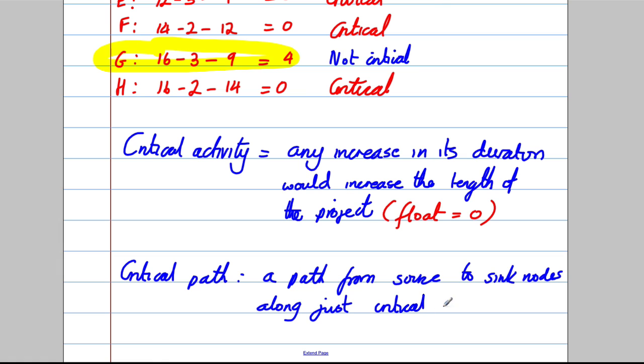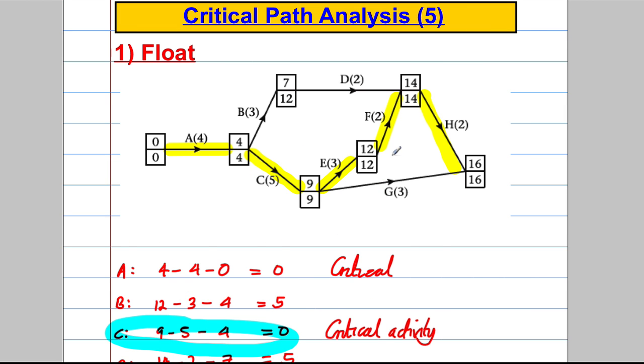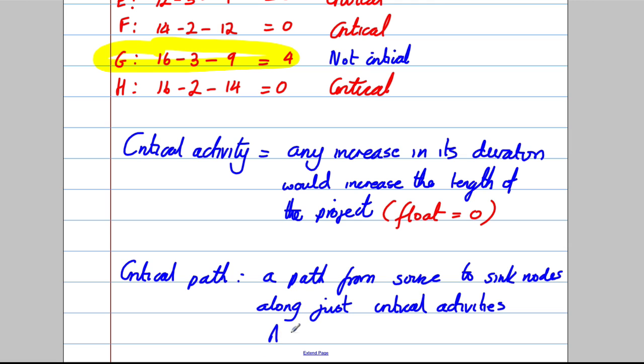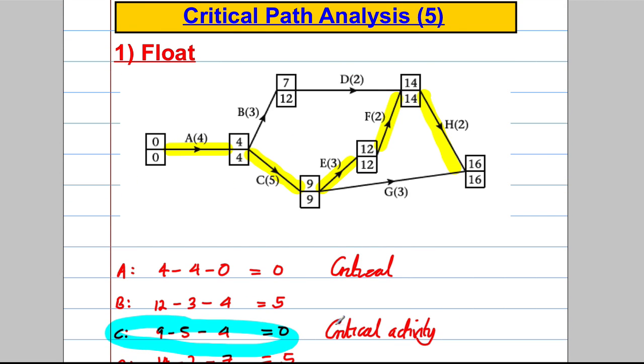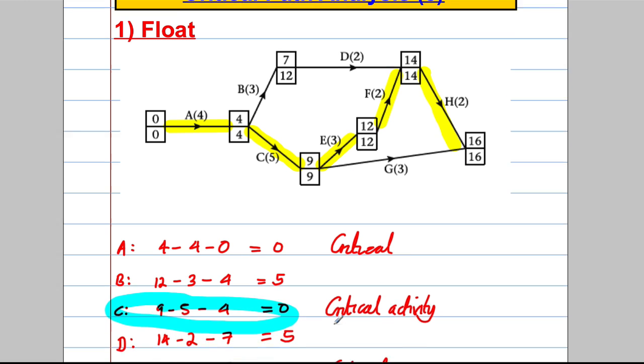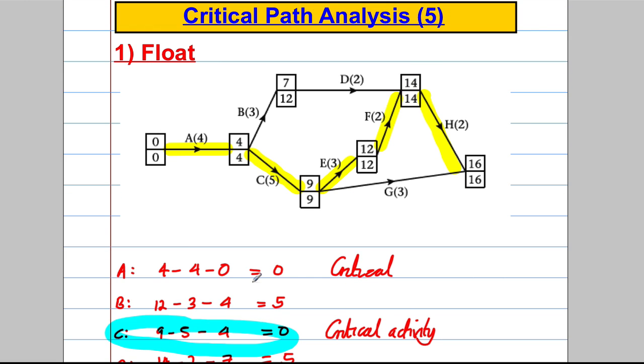So in this case, the one I've highlighted, A, C, E, F and H is a critical path. Okay, right, so that was float, and that was also helping us determine the critical path.